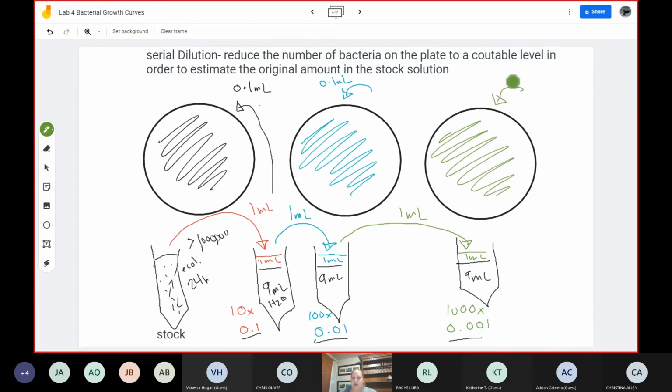So from our tube, we would add 0.1 milliliters onto this plate. Each of these is 10 times less concentrated than the previous one. This one's 10 to the minus 3. This one's 10 to the minus 2. This is 10 to the minus 1.